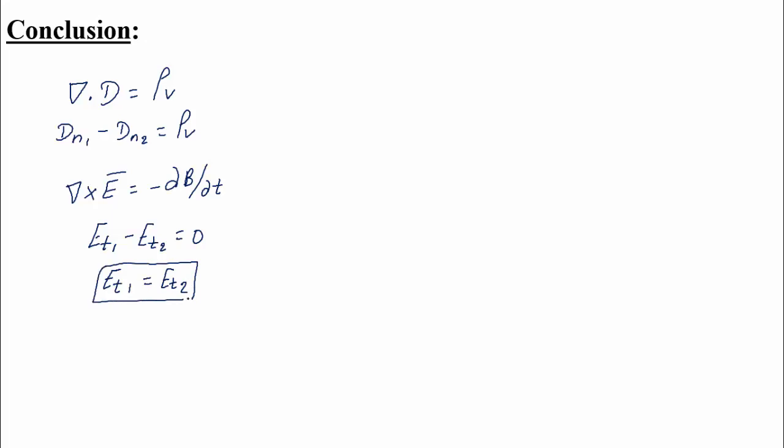What tangential component and normal component mean, let us discuss in the next lectures. This is one form of Gauss law, and the second form of Gauss law is del dot B equals 0. This tells that Bn1 minus Bn2 equals 0.